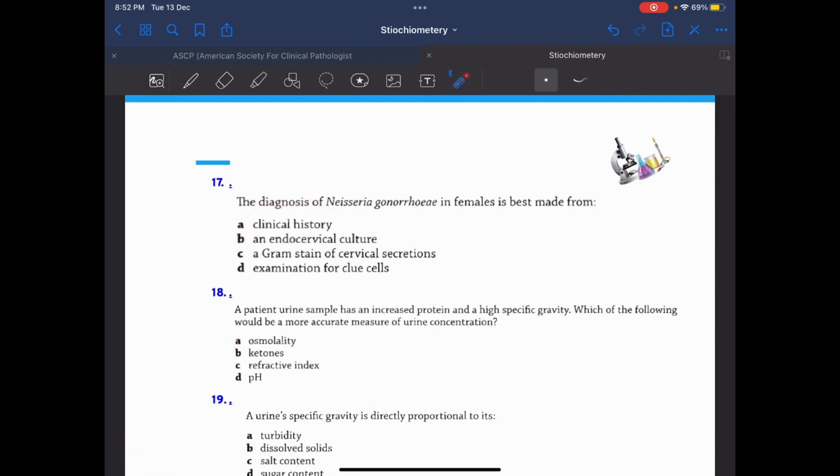The diagnosis of Neisseria gonorrhoeae in females is best made from clinical history, an endocervical culture, a gram stain of cervical secretion, or examination for clue cells. The correct answer is endocervical culture. So the correct answer is B.